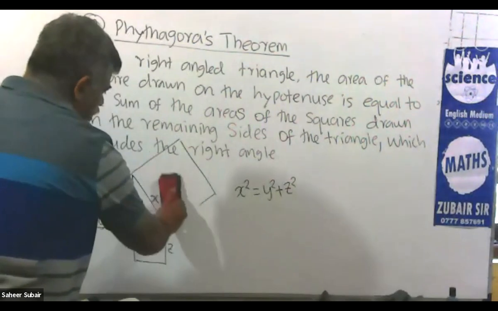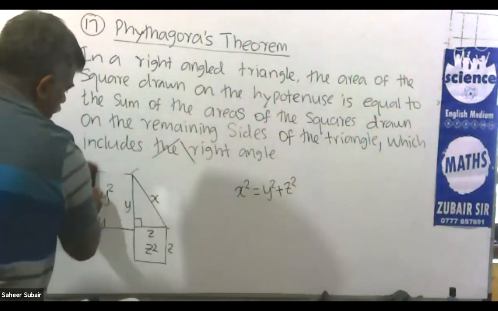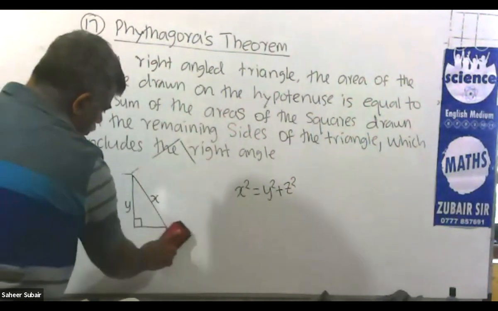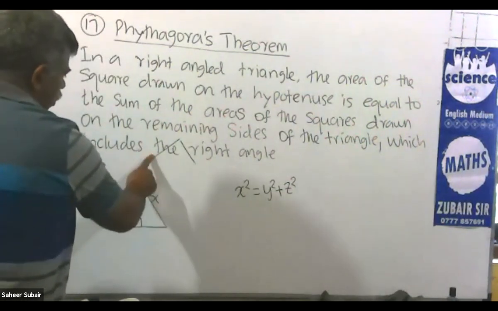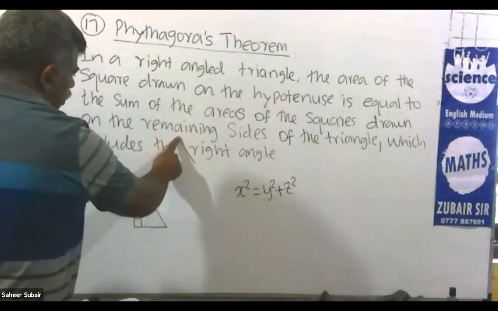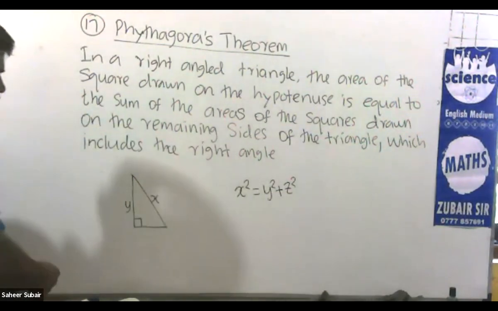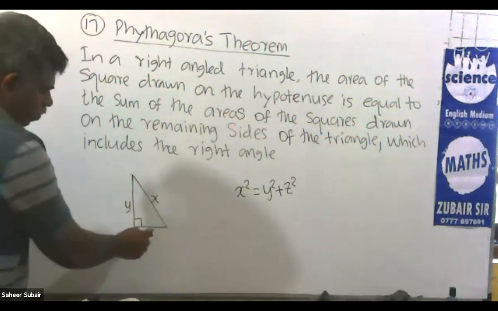After that, we will erase these squares. Right? I am erasing these squares. Then see what has happened. If you erase these squares, the same Pythagoras triangle is there. This side is x, this side is y, this side is z.